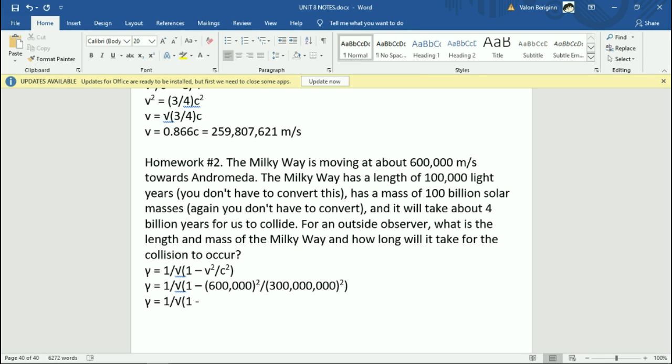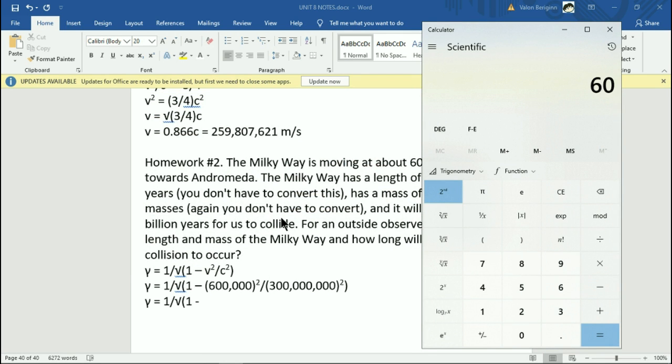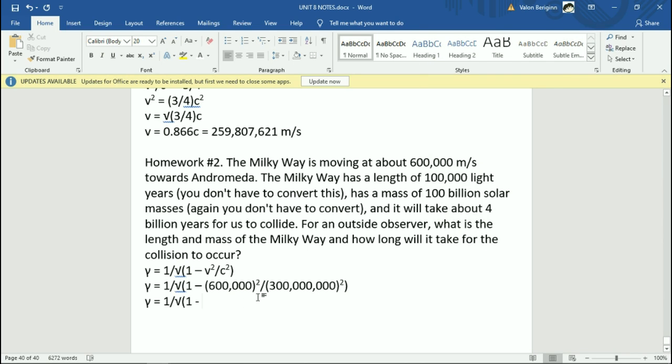So 600,000 squared would be 3.6 times 10 to the 11, and this is 9 times 10 to the 16.